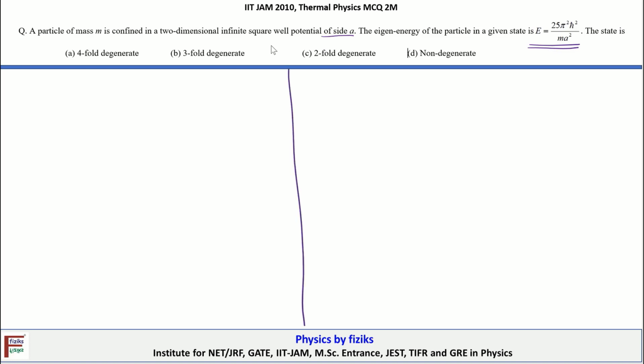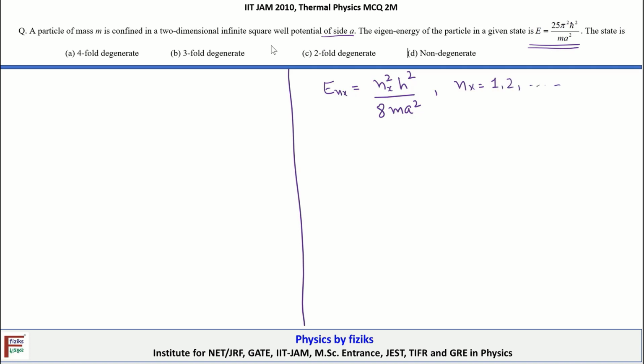So we are given a two-dimensional infinite square well potential whose side is A. So for a one-dimensional infinite square well potential, the energy eigenvalues, if we consider the potential along the x direction, I am denoting the energy eigenvalue as Enx. Okay, so this is equal to nx square h square upon 8m a square, where nx can take values 1, 2 and so on.